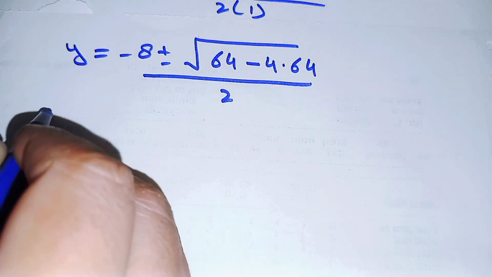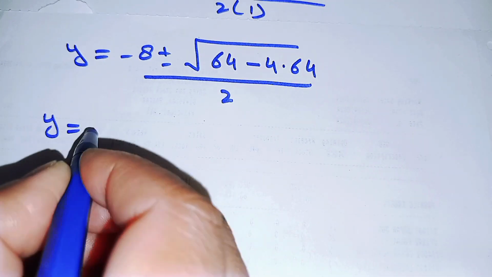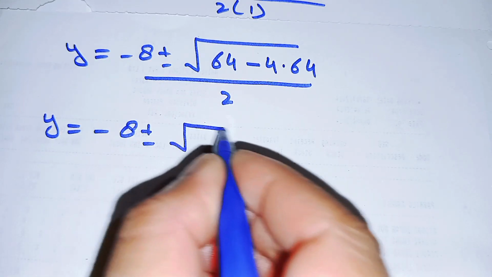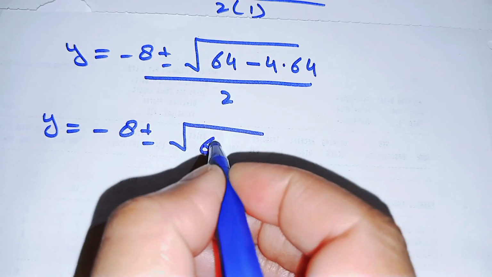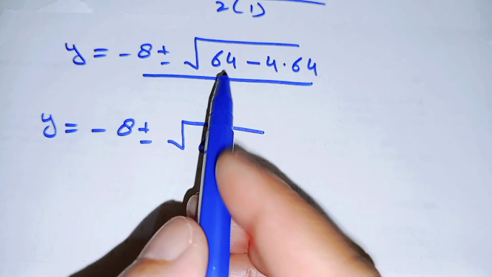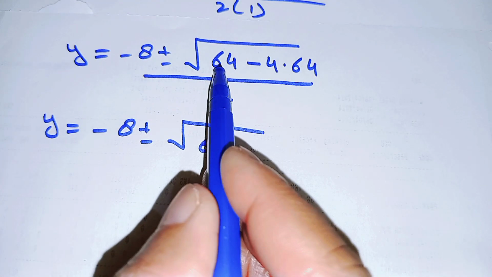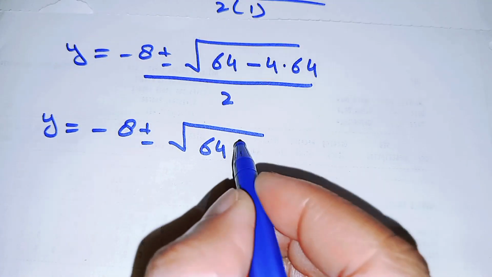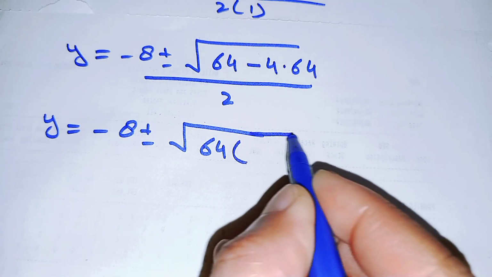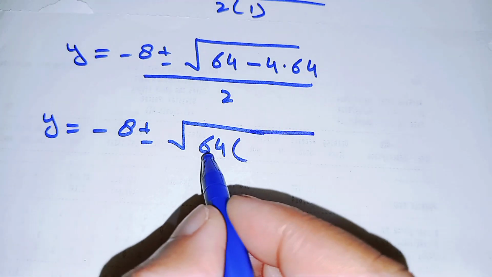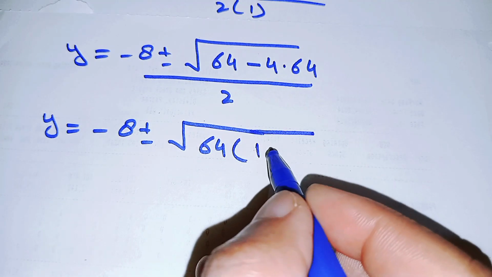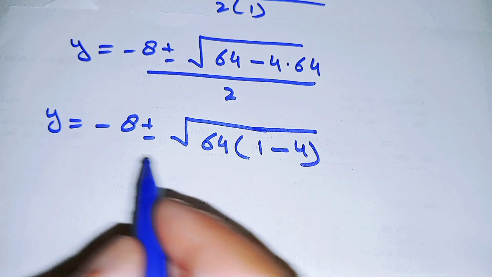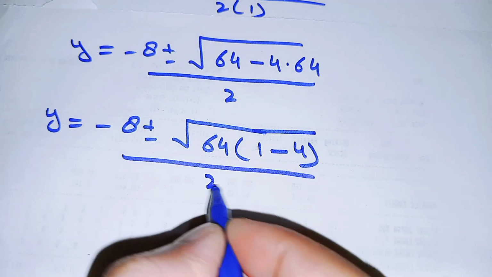So here y is equal to minus 8 plus minus square root of 64, and we can take 64 common out of the bracket, so 64 times 1 minus 4, and then over 2.